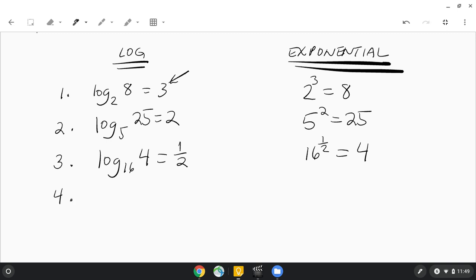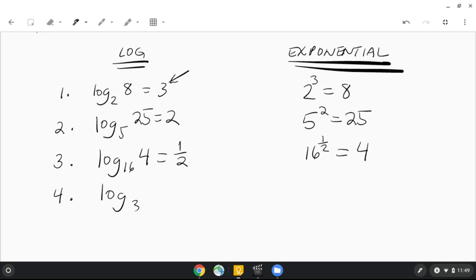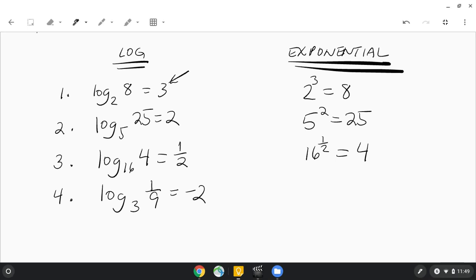Okay, very good. And go ahead and try this one. Log base 3 of 1/9 equals -2. Go ahead and hit the pause button, write down your answer, and come back.